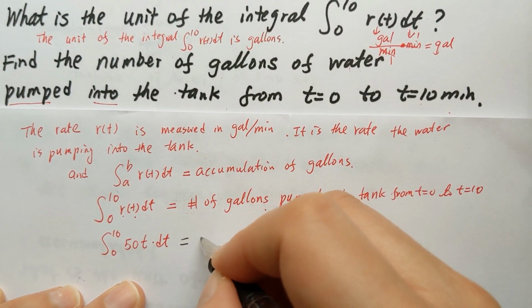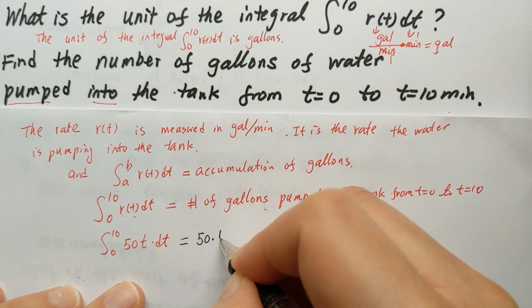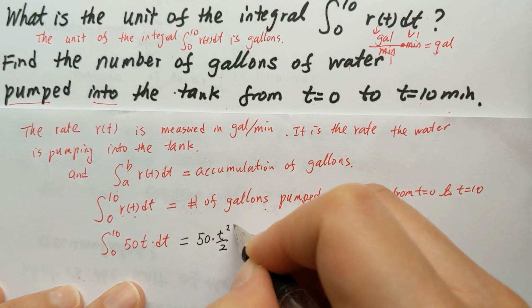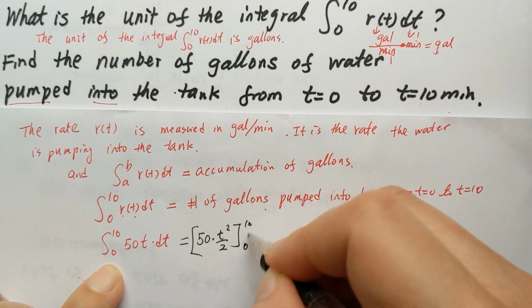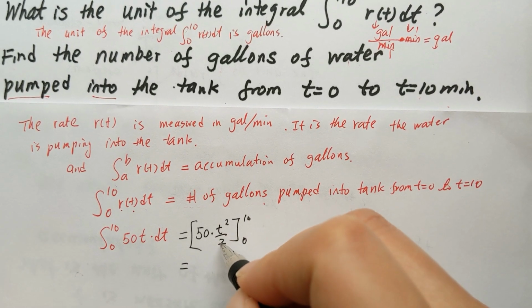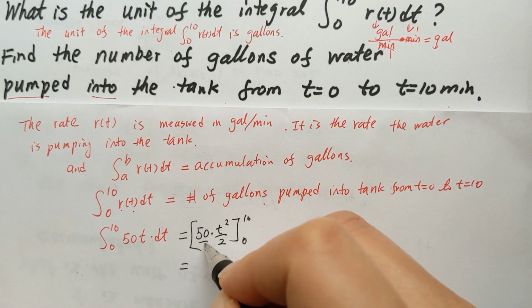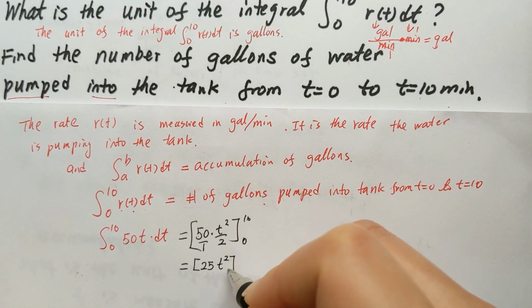The antiderivative of 50t becomes 50 times t squared over 2. And you have to put the limits 0 to 10 on the right side over here. And then we simplify a little bit. 50 over 2 is 25, so you get 25 t squared.